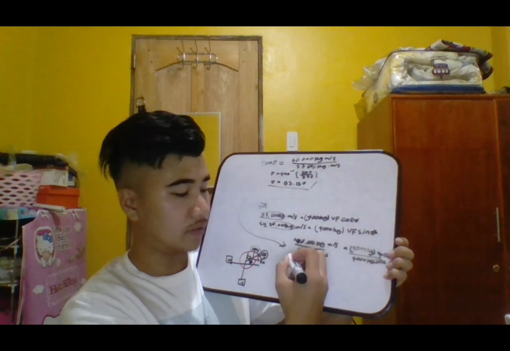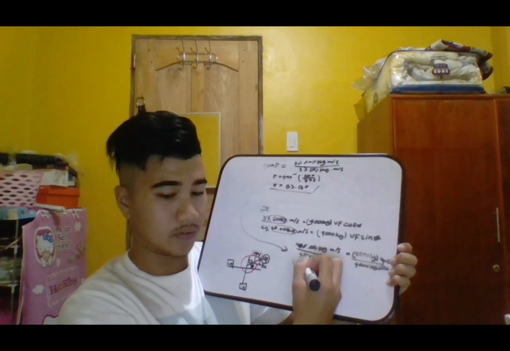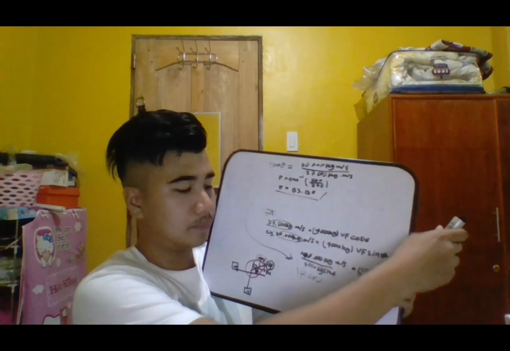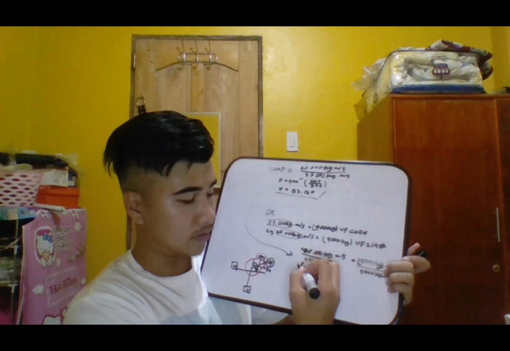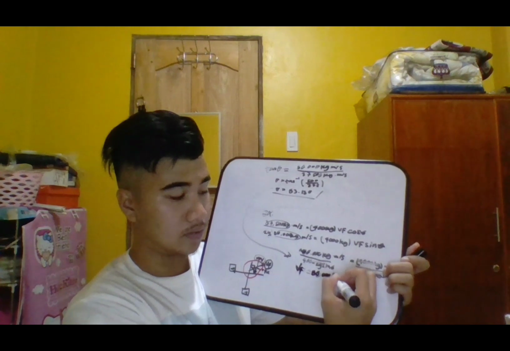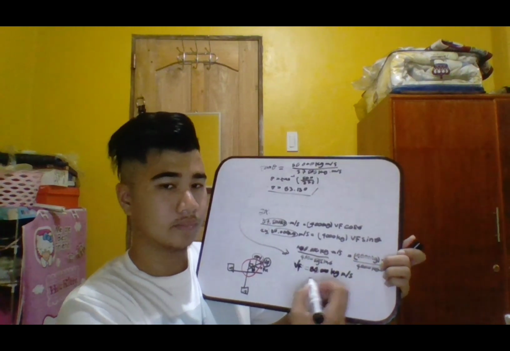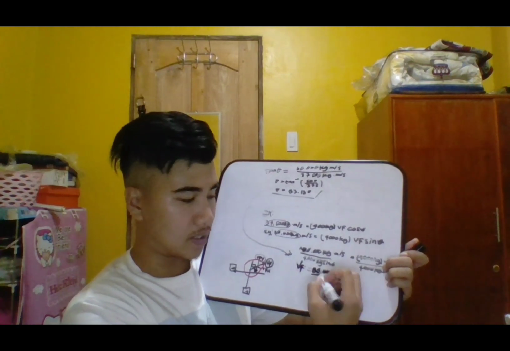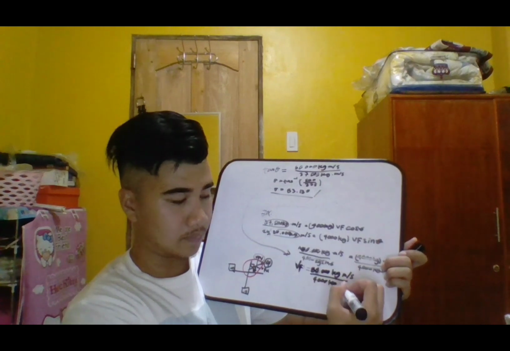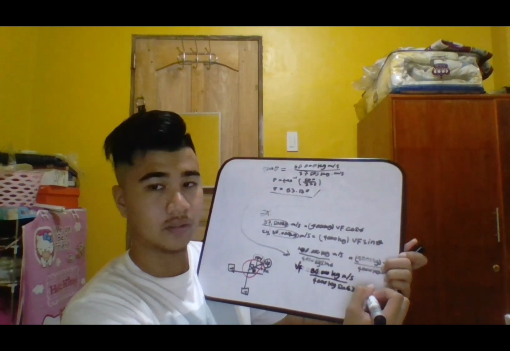So, final velocity is equal to 50,000 kilogram meter per second divided by 4,000 kilogram sine 53.13 degrees.